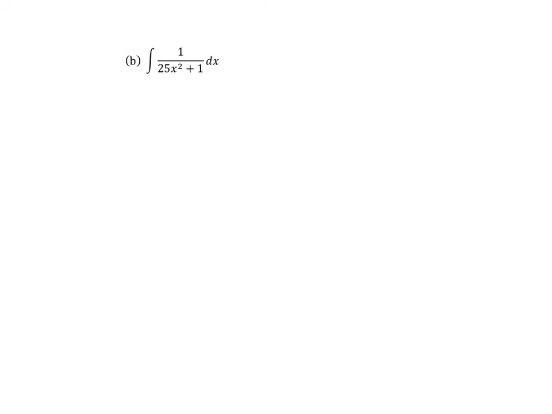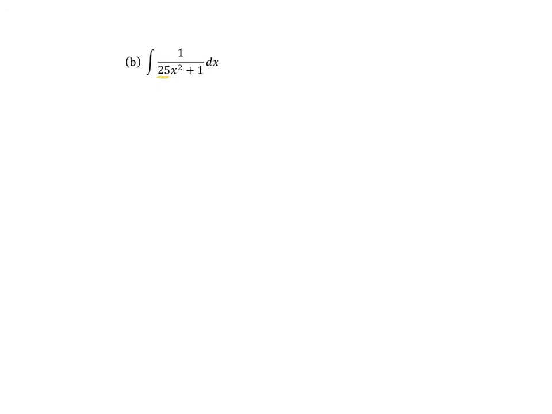The problem with example B is that it's not quite in the form that I need for tangent inverse. And since it's a plus, I'm going to try to match it up to the tangent inverse. What you first want to notice is that the x squared does not have a coefficient of 1. It has a coefficient of 25, which is not the form. Right, tangent inverse, it's a squared plus x squared, where x squared has a coefficient of 1.